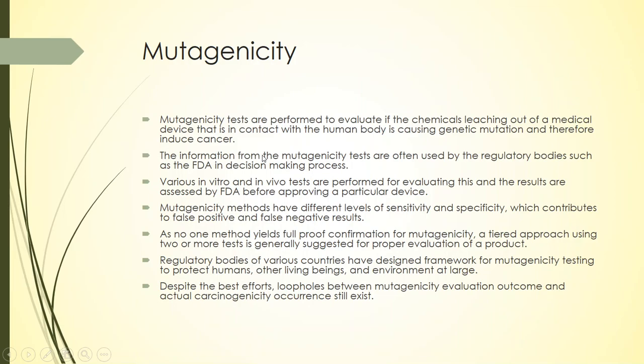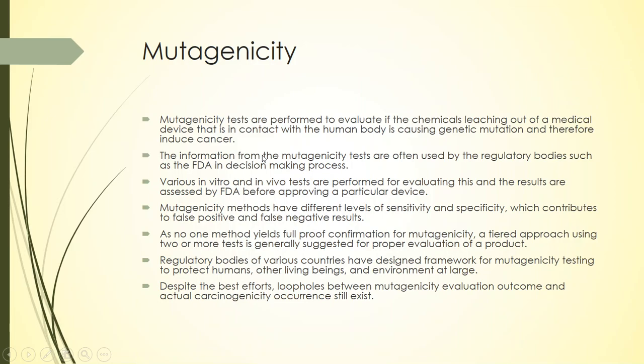So mutagenicity is basically to study if there is any genetic mutation occurring because of the chemicals that are leaching out of the medical device, right? This information on the mutagenicity test is often used by regulatory bodies such as the FDA during the decision making process.